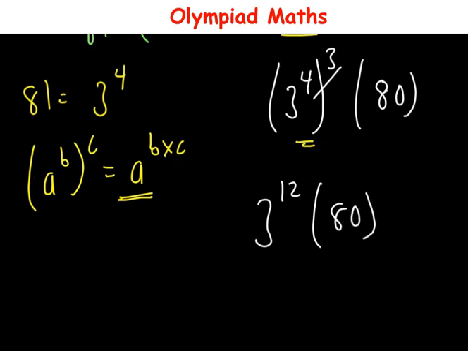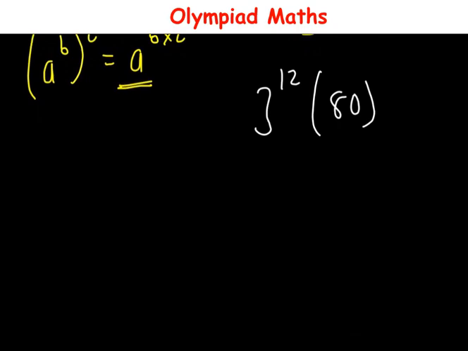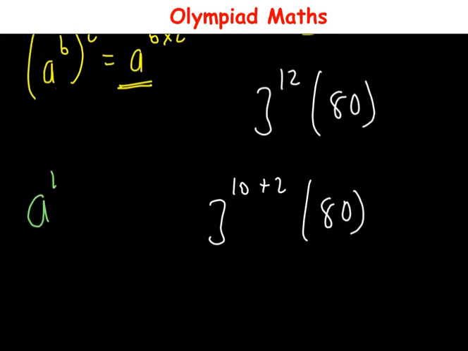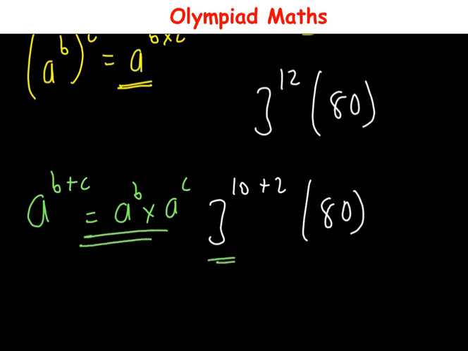Next, we rewrite 3 raised to power 12 as 3 raised to power 10 plus 2, multiplied by 80. Applying the rule that a raised to power b plus c equals a raised to power b times a raised to power c, we have 3 raised to power 10 times 3 raised to power 2, multiplied by 80.